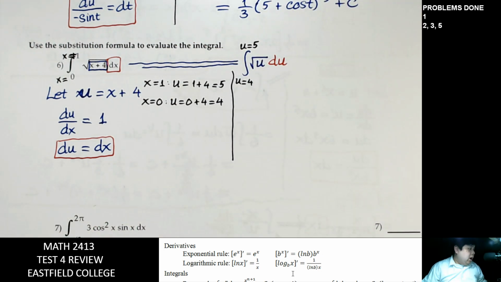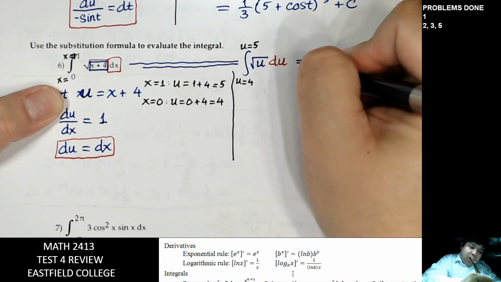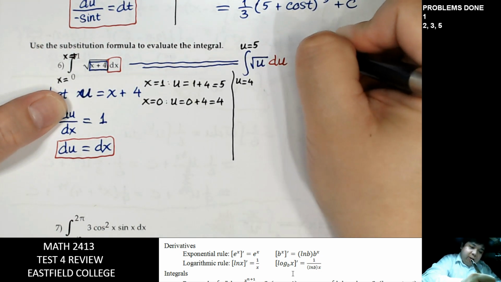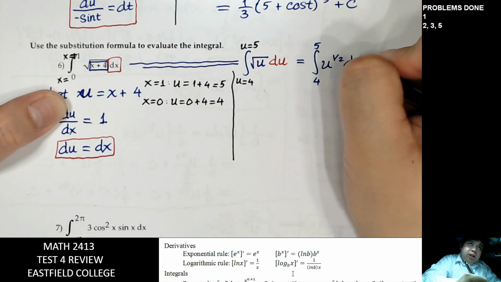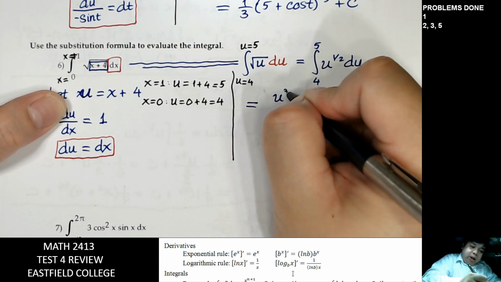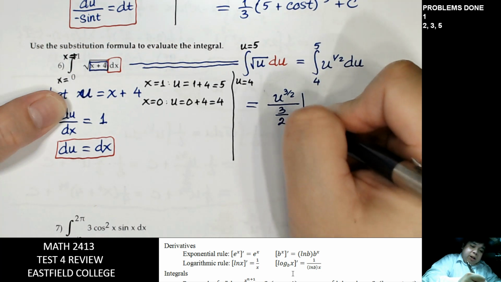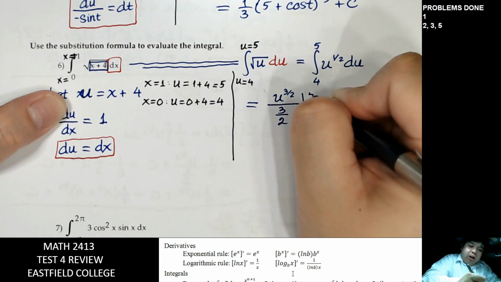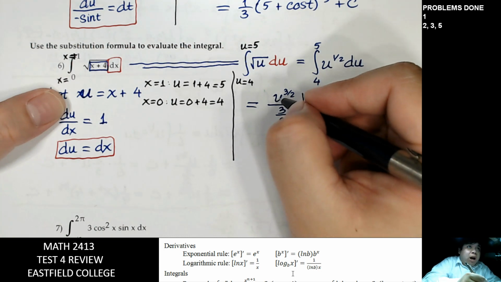So the problem turns into just that. So now we just go from 4 to 5, u to the 1/2 du. So it will be u to the 3/2 over 3/2, from 4 to 5. Notice that those are the values for u, so we do not need to substitute back in for x.